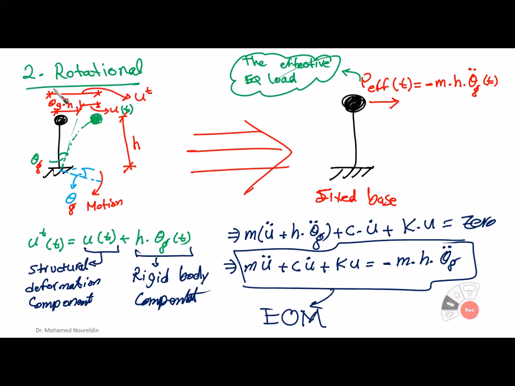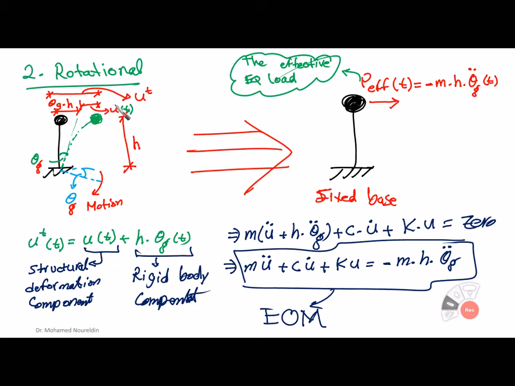For the rotational case, in the ground excitation we commonly have two components, one translational and another rotational. Okay? This is the common ground motion or earthquake. This means that the system would go in this direction and might also go like this. The earthquake is going to make the ground move like this. So we want to know the equation of motion here.